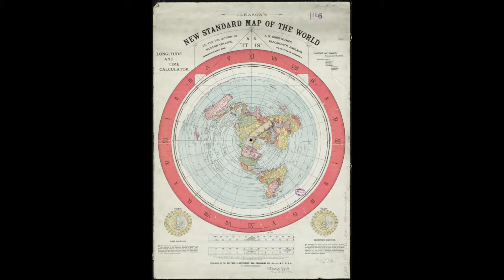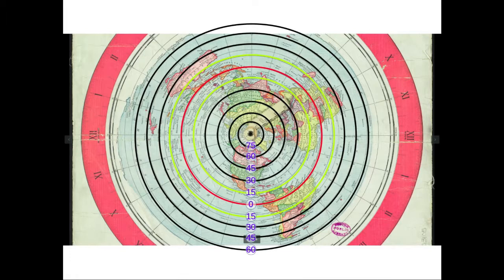Well, it turns out, and it makes sense, there'll be a point from the inside to the outside where one of those degree lines of longitude will be equal to the latitude. And it turns out that part is the equator, hence the name.